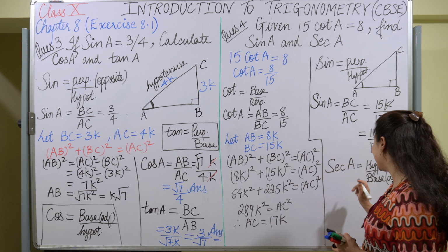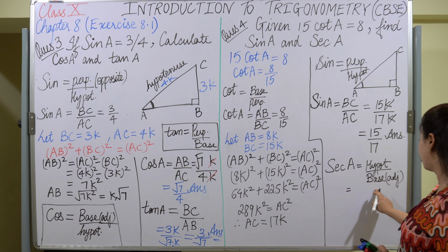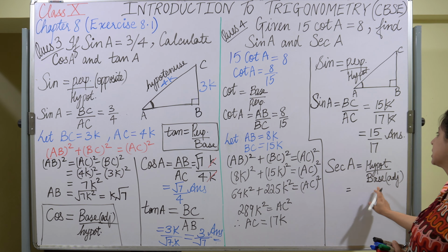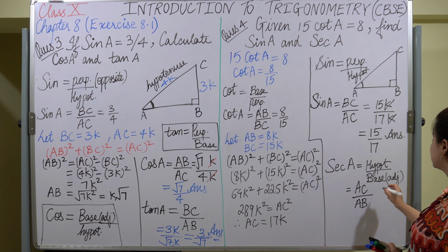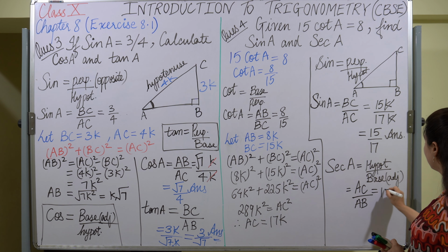So sec A will be equal to hypotenuse upon base. Hypotenuse is AC, you already know, and base is AB for angle A. So AC is 17k and AB is equal to 8k.